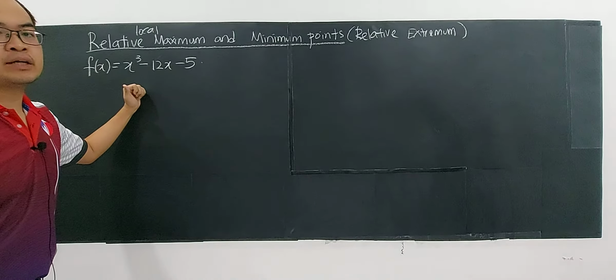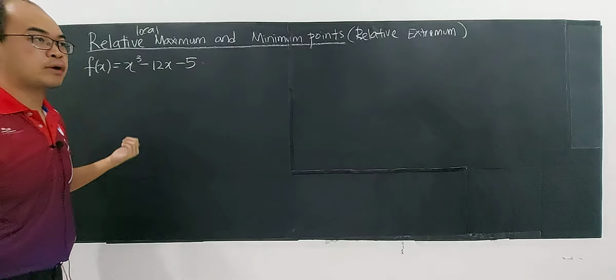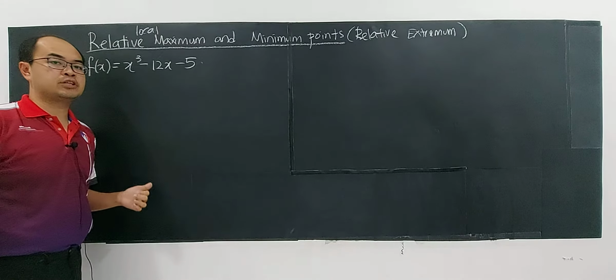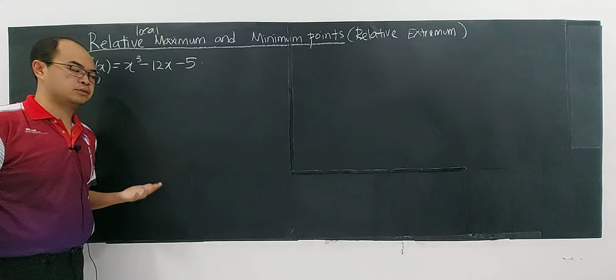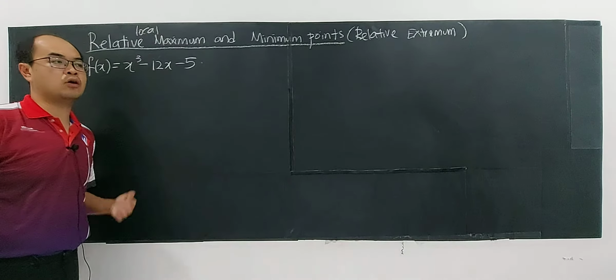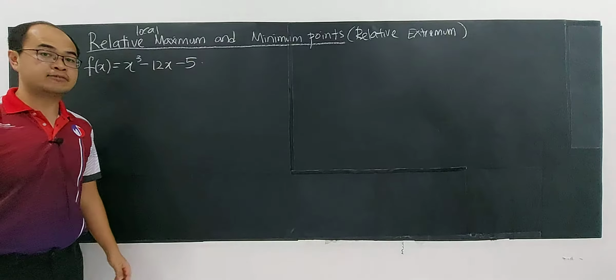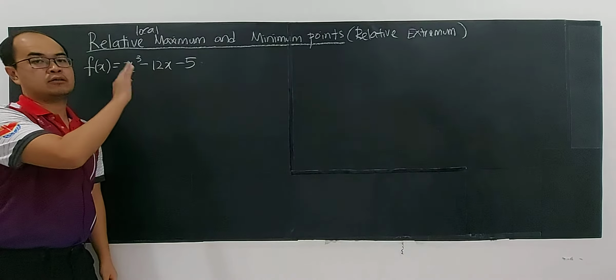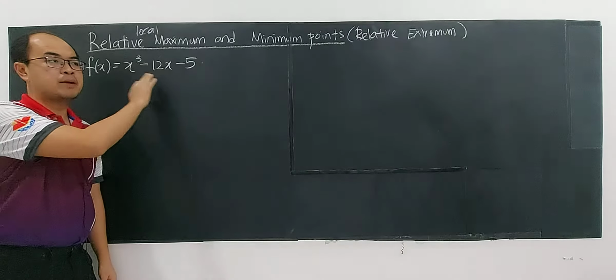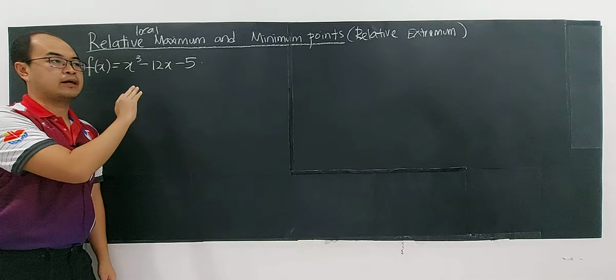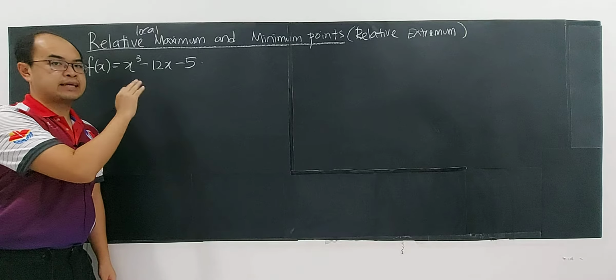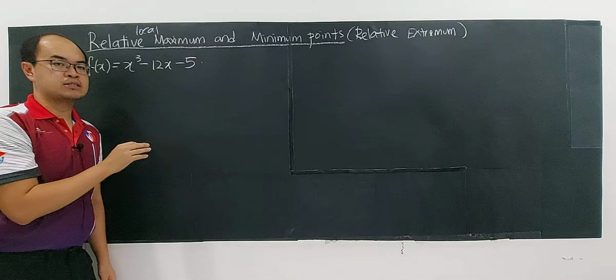A critical point is a point where it is a stationary point, where dy/dx is 0, or where the first derivative is undefined. But for every polynomial, dy/dx is never undefined; it is always defined.